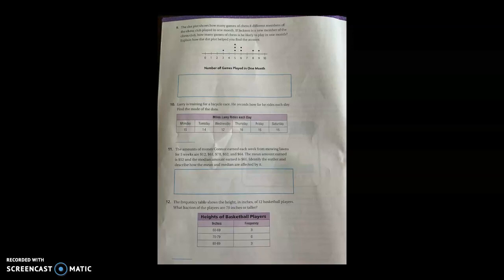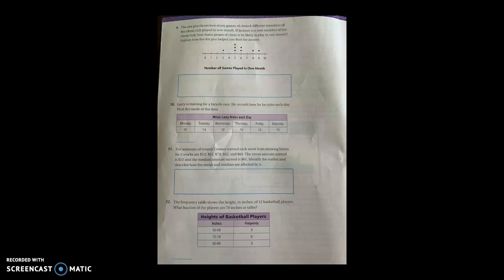Okay, let's take a look at question number 9. Question number 9 says, the dot plot shows how many games of chess 8 different members of the chess club played in 1 month. If Jackson is a new member of the chess club, how many games of chess is he likely to play in 1 month?